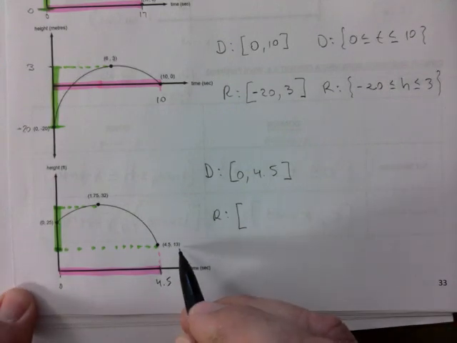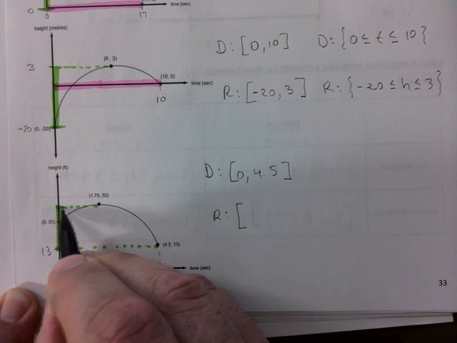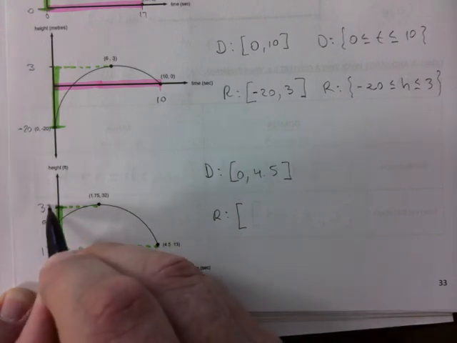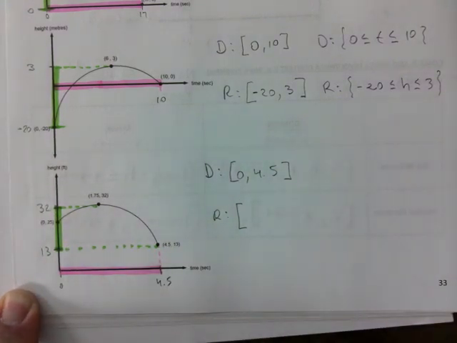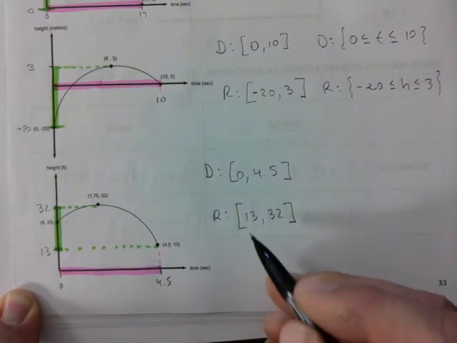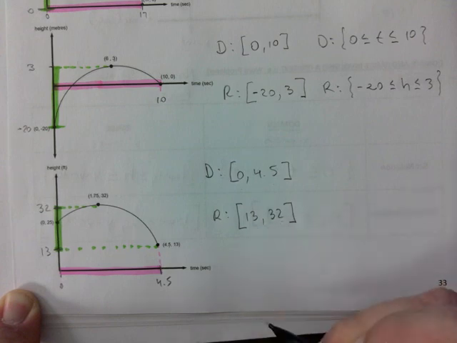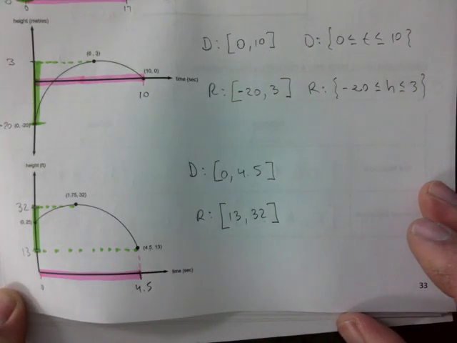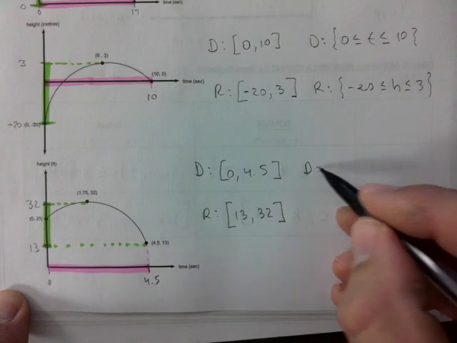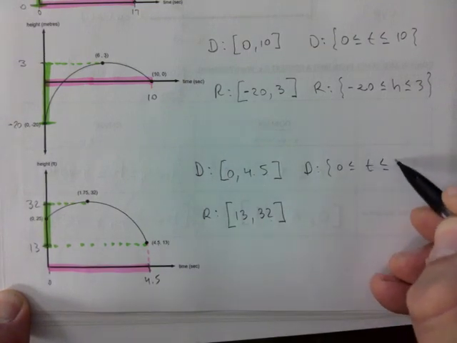So you go from 13, this is 13 here, obviously not drawn to scale, guys. So from 13 to 32, you must have lowest first, greatest second. Do not mix them up. I'm repeating myself a lot, so I kind of want to drill that. It's 0, t to 4.5.